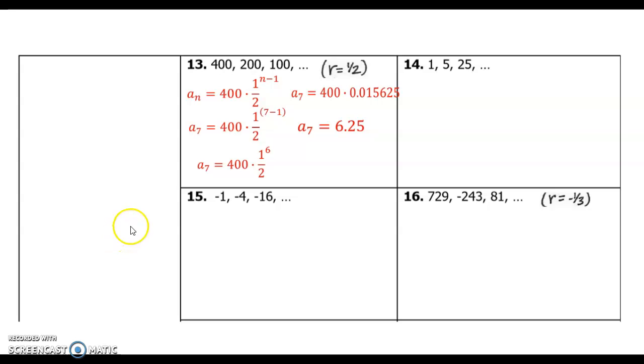Okay, let's move on to number 14. Number 14, we can see that our common ratio is 5 because 5 divided by 1 is 5, 25 divided by 5 is 5, or we can check the other way, 1 times 5 is 5, and 5 times 5 is 25. So our ratio is 5. Here's our explicit formula.